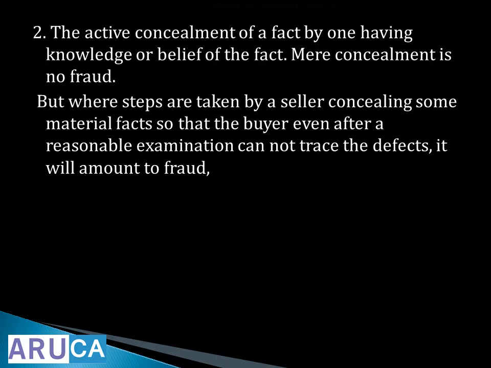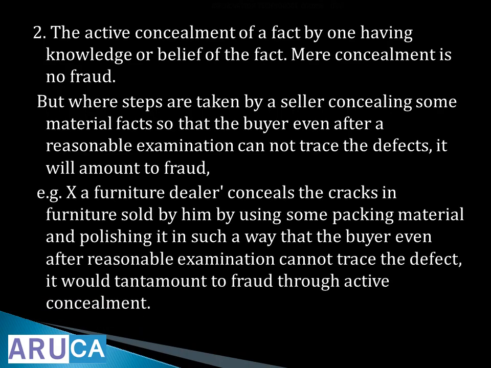Steps are taken by a seller concealing some material facts so that the buyer, even after a reasonable examination, cannot trace the defects. It will amount to fraud. A furniture dealer conceals the cracks in the furniture sold by him using a packing material and polishing it in such a way that the buyer, even after reasonable examination, cannot trace the defect.